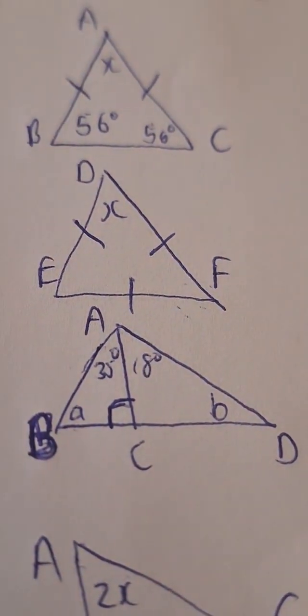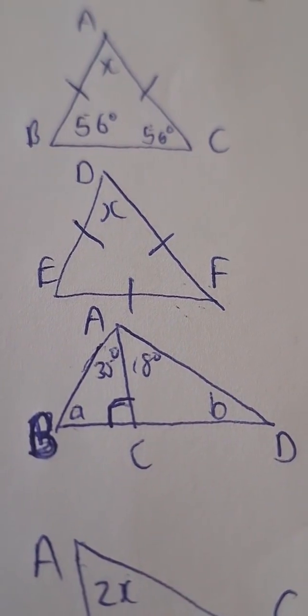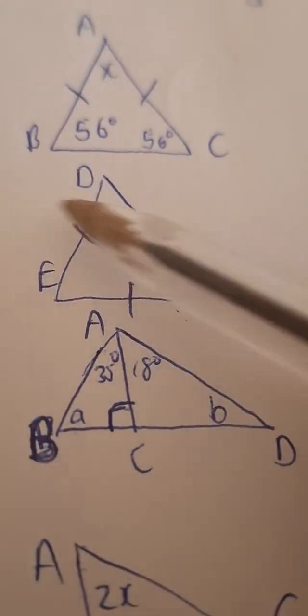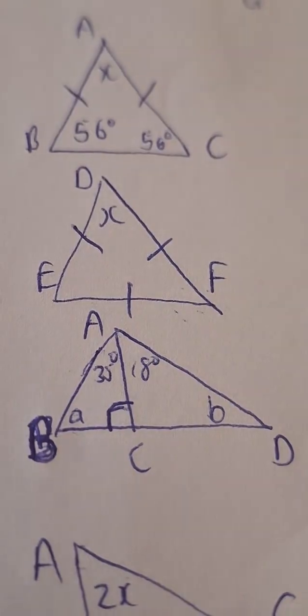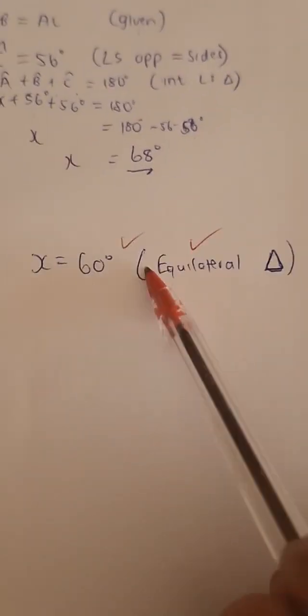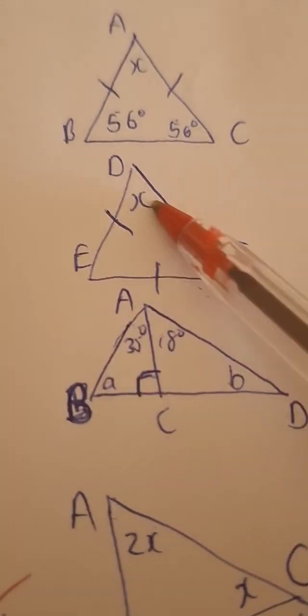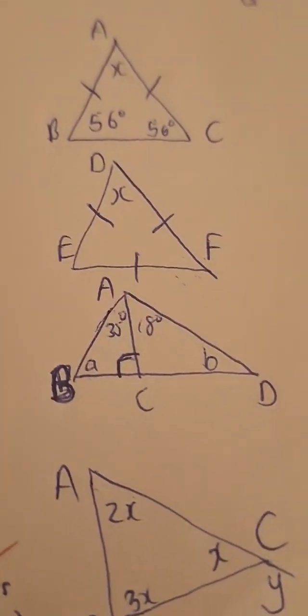In all honesty, if a learner says x is equal to 60 degrees straight up and gives me this as the reason, I give that learner 100%, because that speaks to the learner's understanding of the properties of an equilateral triangle.